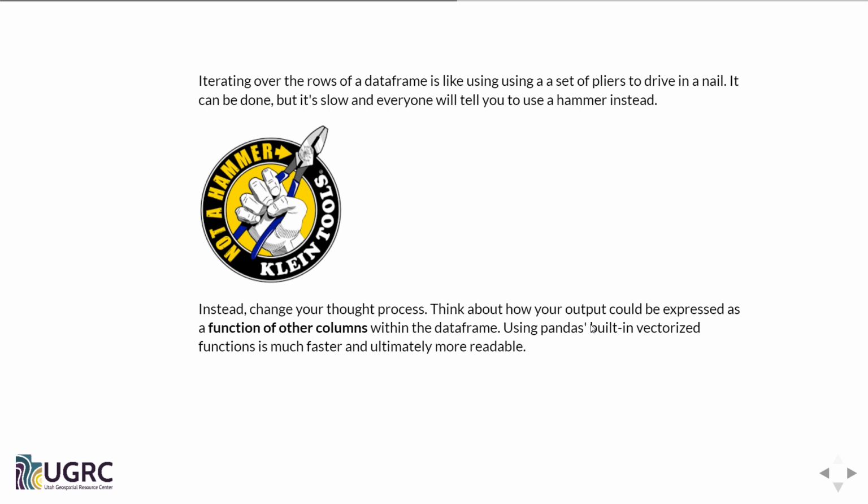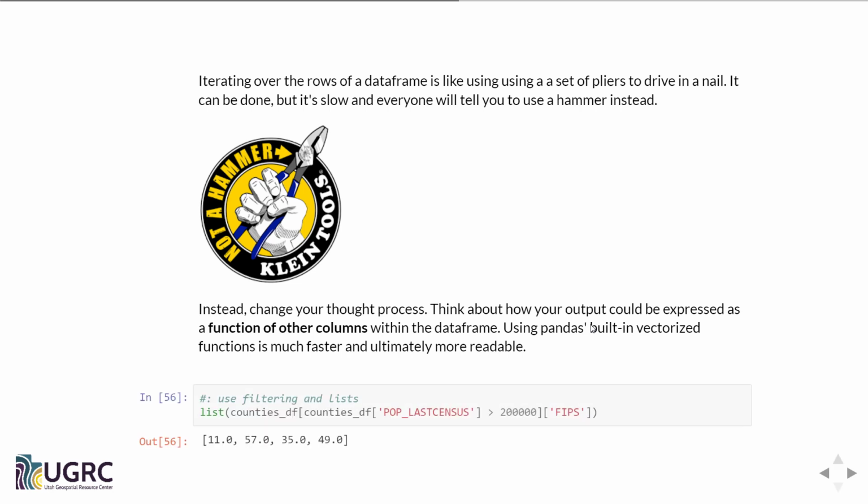We're changing our thought process. Rather than iterating over rows, iterating over columns, we're going to pass an entire set of rows or an entire set of columns to the function. Ultimately, this is going to be a little bit more readable because you're not saying for i in rows, for j in columns, if it's 3, 4, do this.